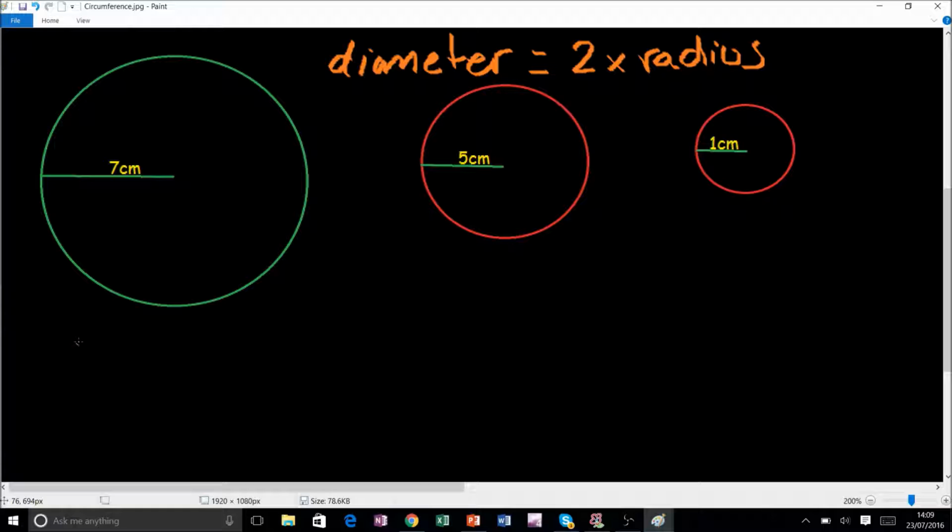So anyway, without further ado, let's get started. Again, we're going to do pi times, and we want double of that, so we can say 2 times r.